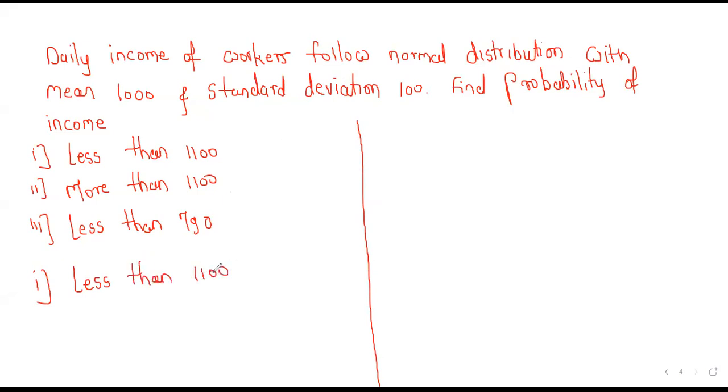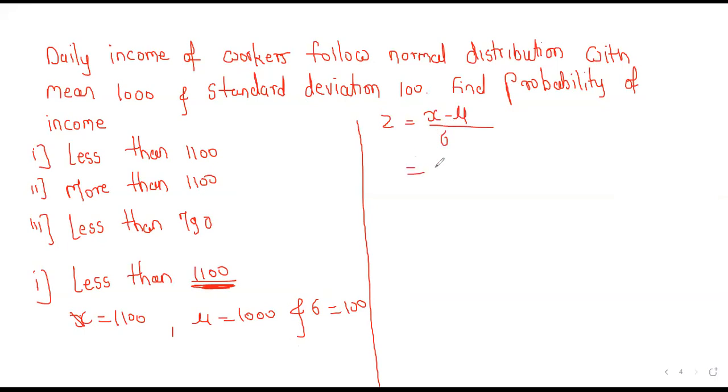So we have to calculate the probability that x is less than 1100. So x is equal to 1100. Mean, that is mu, is equal to 1000, and standard deviation, that is sigma, is equal to 100. So first of all, we write z is equal to x minus mu divided by sigma.